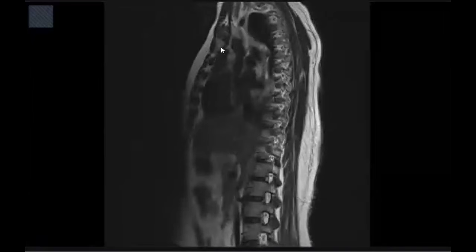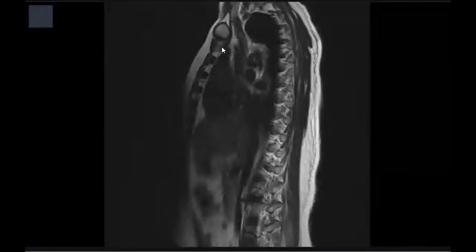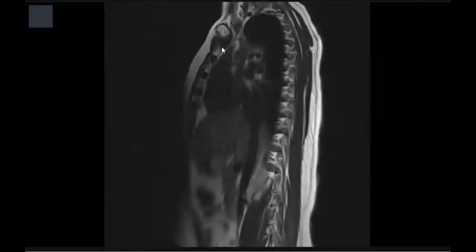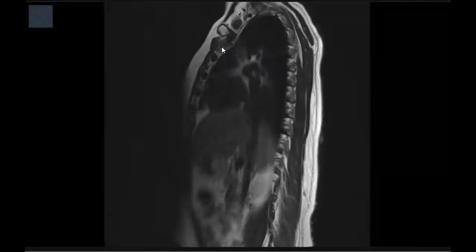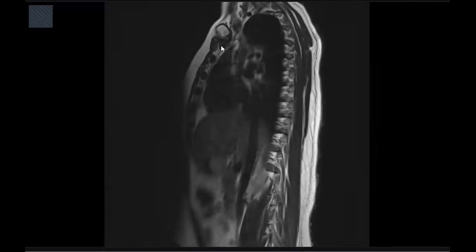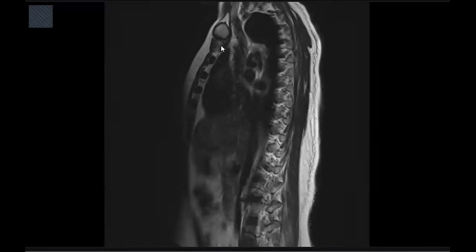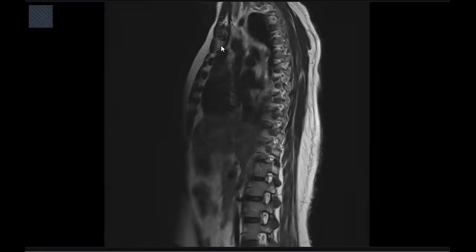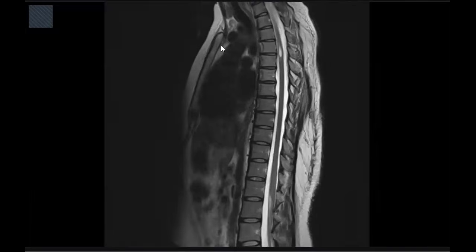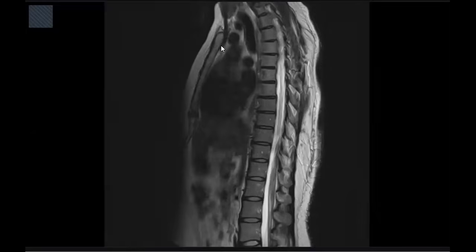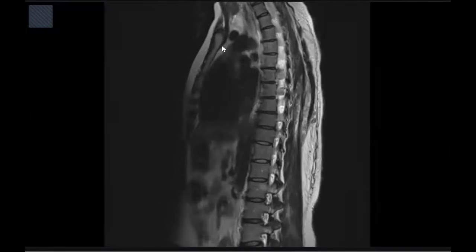Just click once, and follow the image with your eyes. I think it's not scrolling. You're scrolling well, doctor. Just scroll one by one.